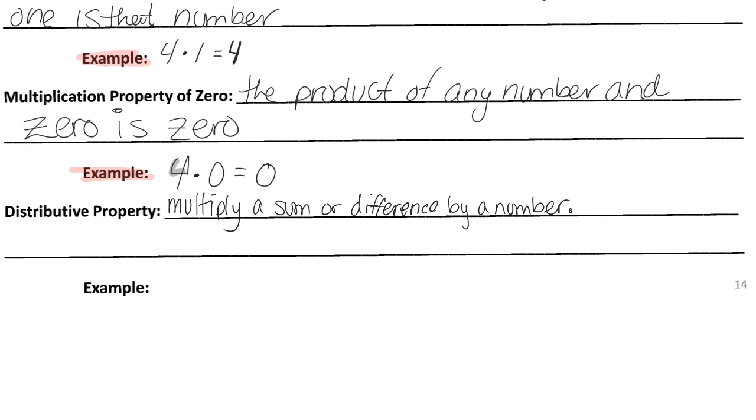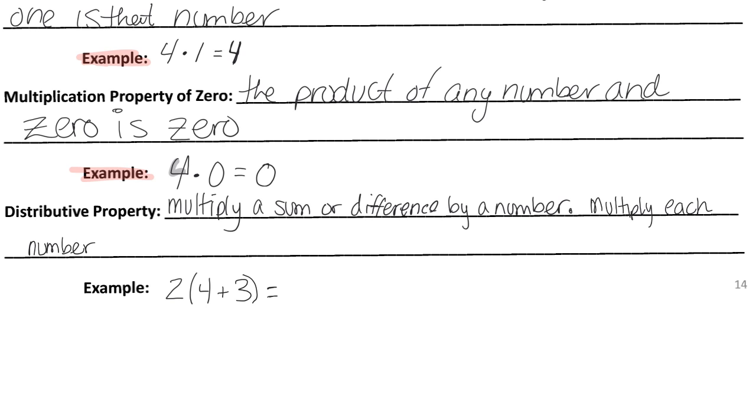Okay, so I'm going to pause there for a moment. So that's like saying if we have 2, and then in parentheses we have 4 plus 3. And so that's what we're talking about when we multiply a sum or difference by a different number. Okay, and what we do there is we then multiply each number in the sum or difference.